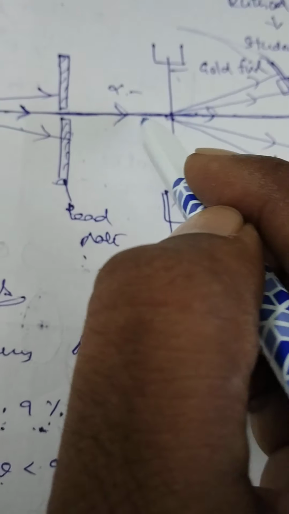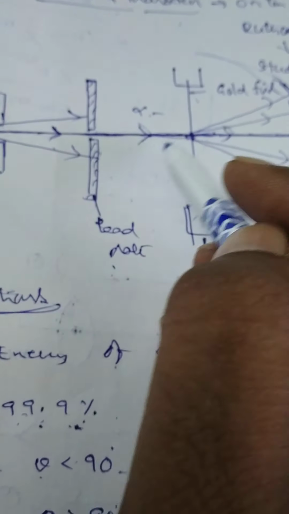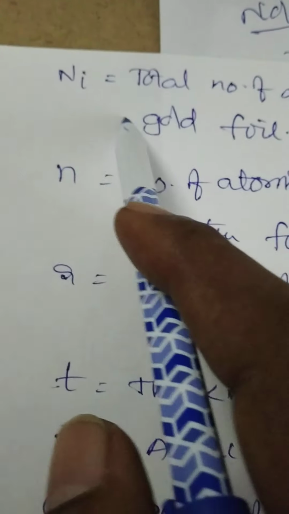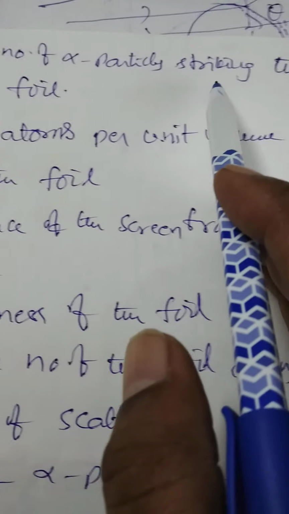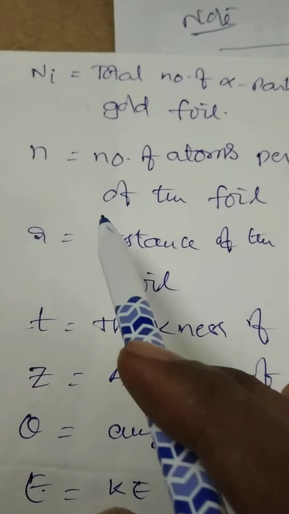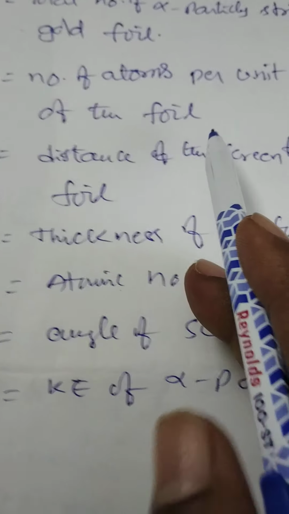The number of alpha particles striking the gold foil is represented by Ni. Ni is the total number of alpha particles striking the gold foil. Also small n is the number of atoms per unit volume of the foil.